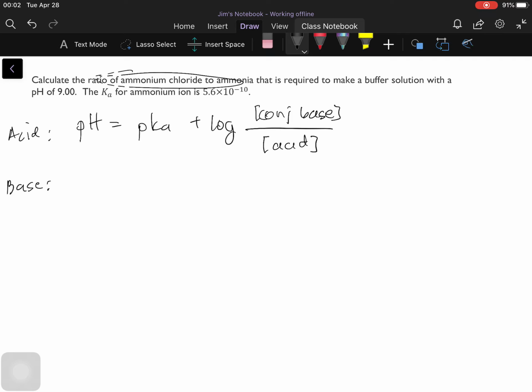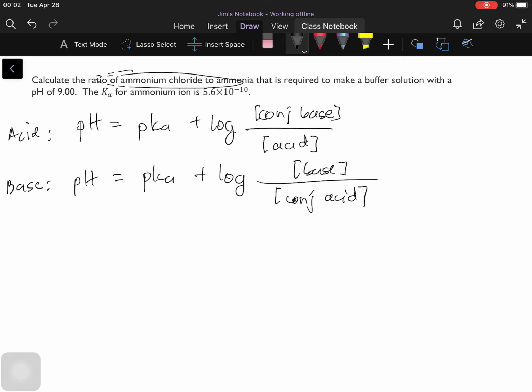The base equation for Henderson-Hasselbalch is pH equals pKa plus log of base over the conjugate acid. Okay, so we have two equations. Which of the two are we going to use anyway?